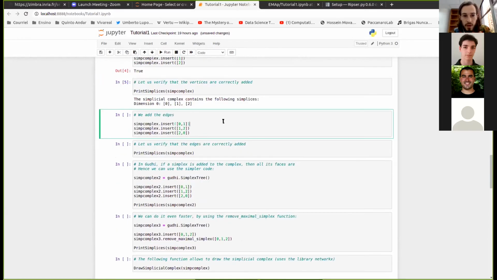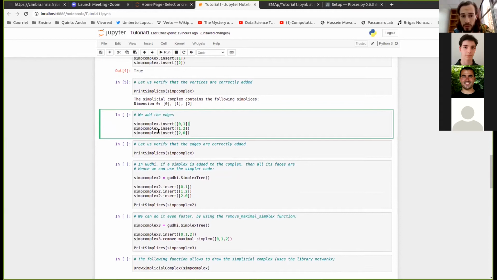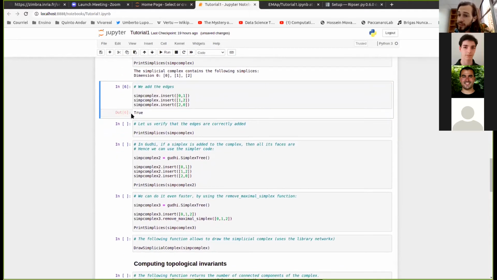Okay. Now I will add the edges. I have 3 of them. Same line, simplicial complex dot insert, and I put my simplex in square brackets. Gudhi says true.